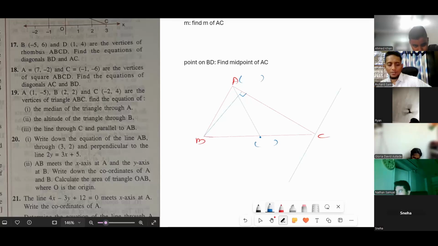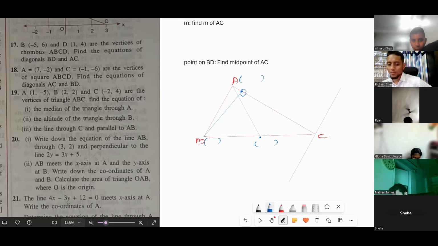Next, find the altitude of the triangle through B. So we have the point B. You need to find the altitude, means the equation of this line here. Can we find this point? No. Okay, then we can't find this point.